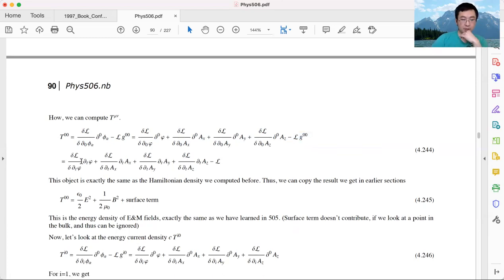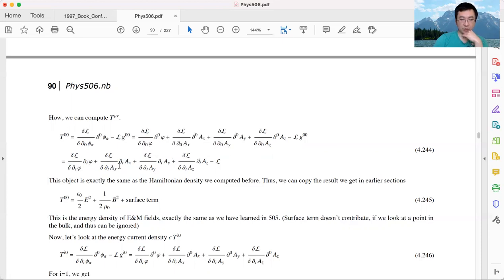Then we can simplify the formula a little bit. First of all, partial zero is actually the speed of light times the time derivative. So we replace partial zero with the time derivative, for both denominator and numerator.